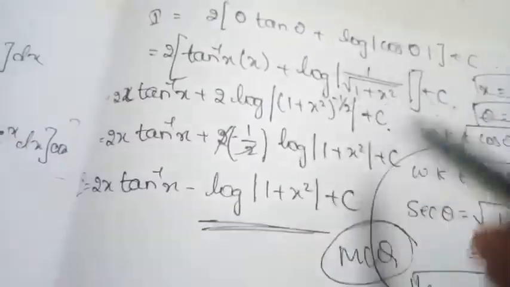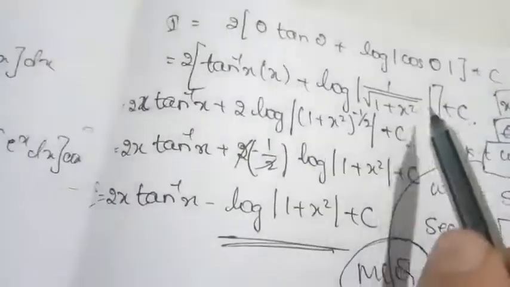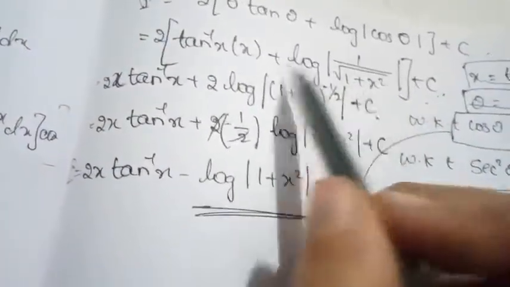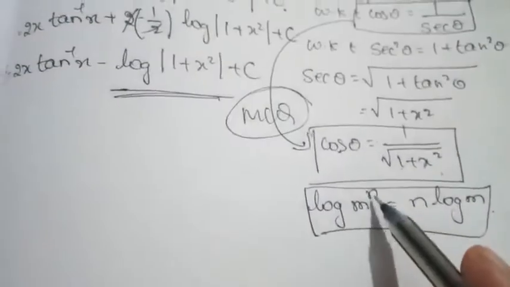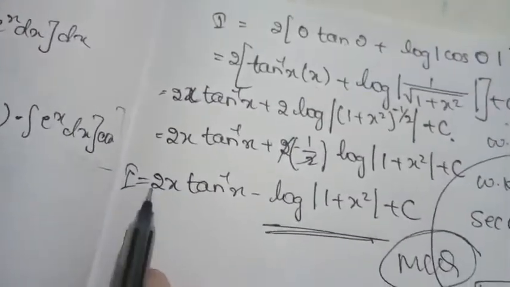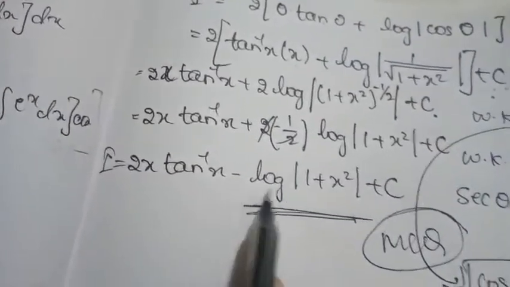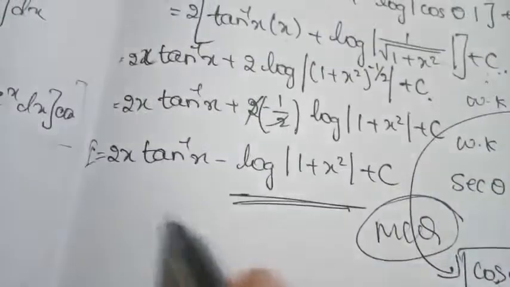From here we started the simplification through the logarithmic property, log m to the power n is equal to n log m. Using that property we simplified and kept I is equal to 2x tan inverse of x minus log of mod 1 plus x square plus c.